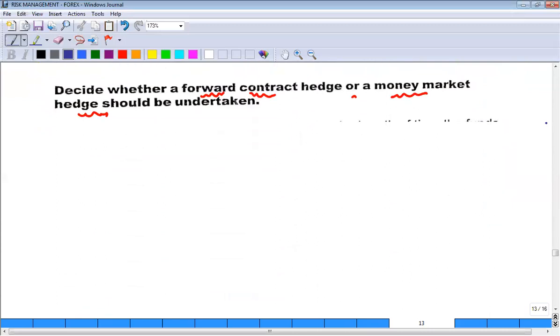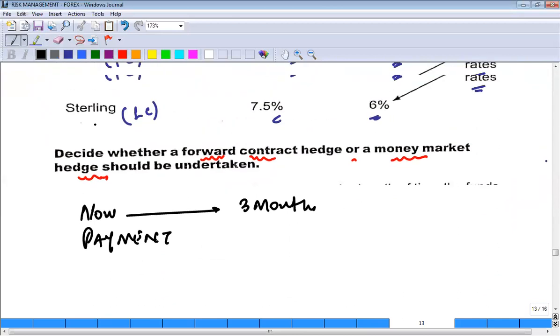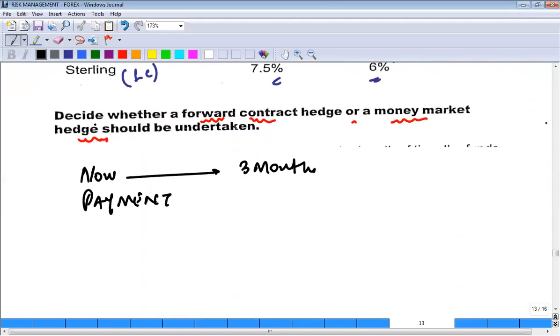So candidates, what is the question about? From now to 3 months, we have to make a payment of 4,50,000 US dollar.